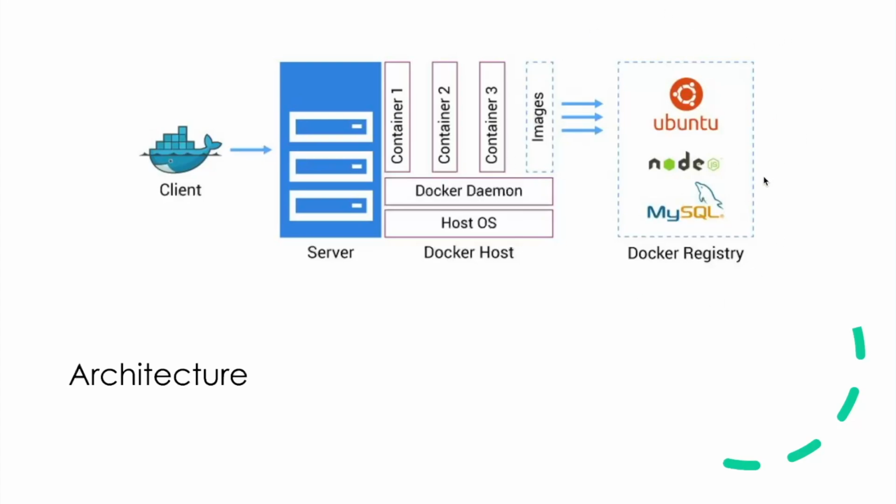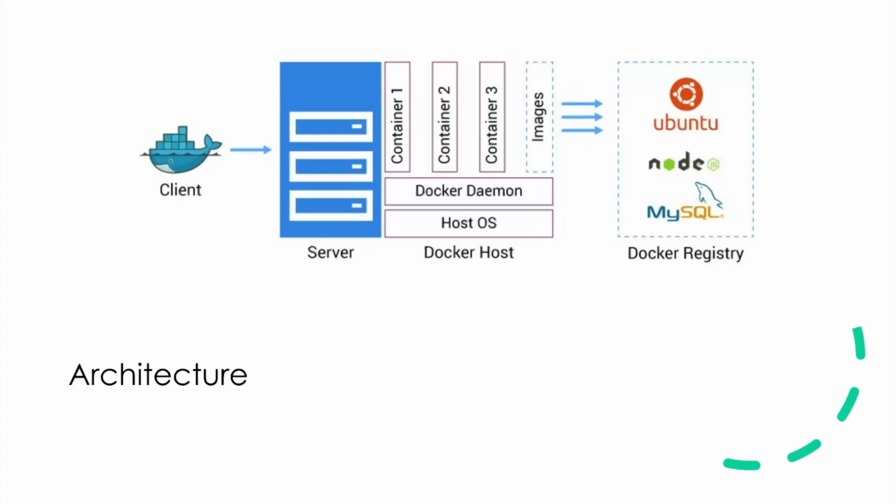Now after that, we will discuss what a Docker registry is. This is the Docker registry, as you are able to see. Where do these images come from? That's where the Docker registry comes into play. A Docker registry is a repository where Docker images are stored. The most common public Docker registry is Docker Hub.